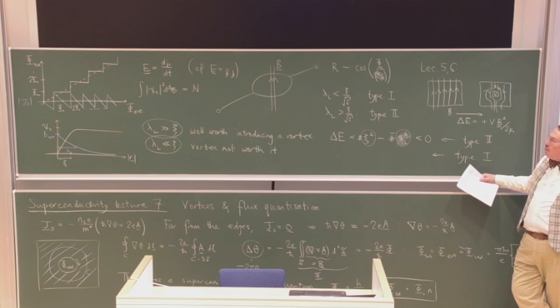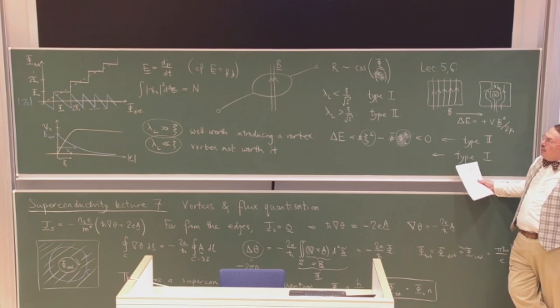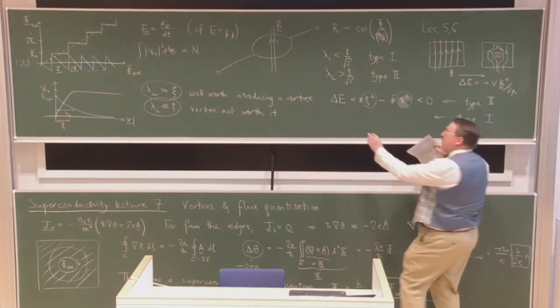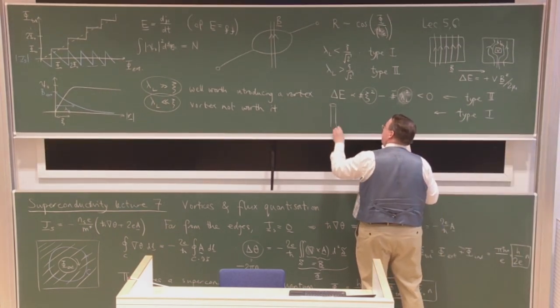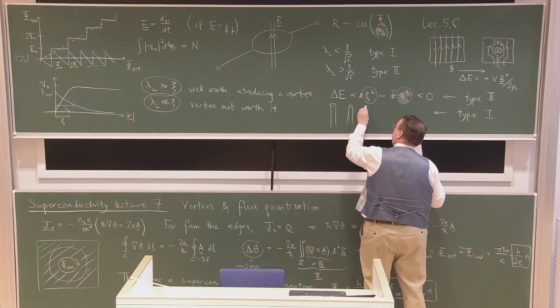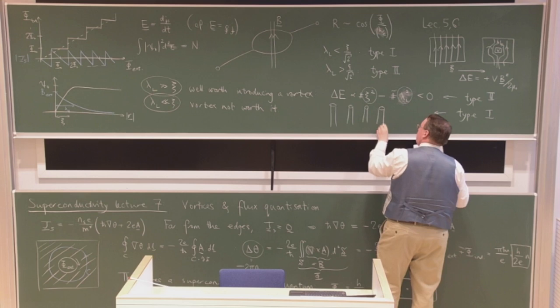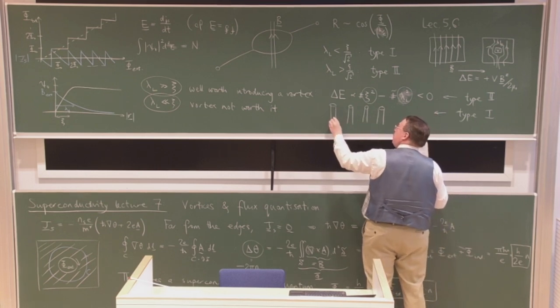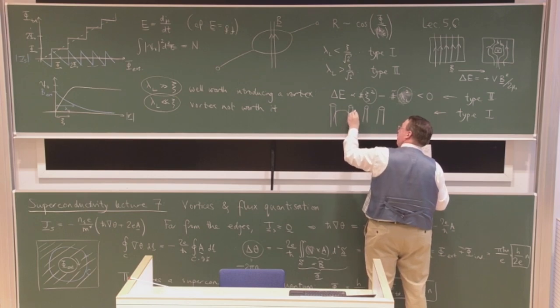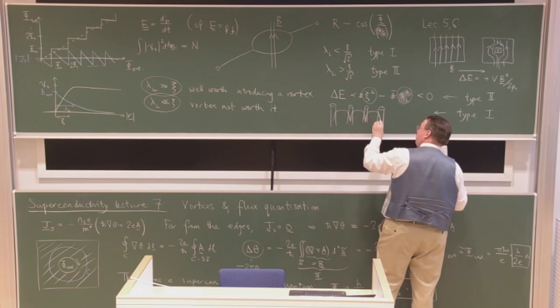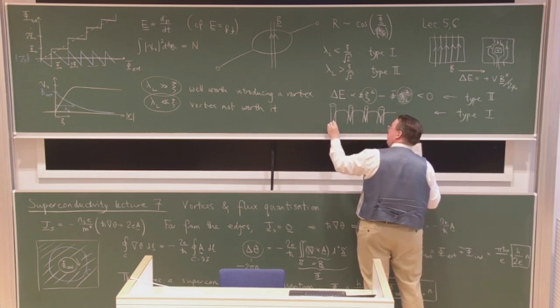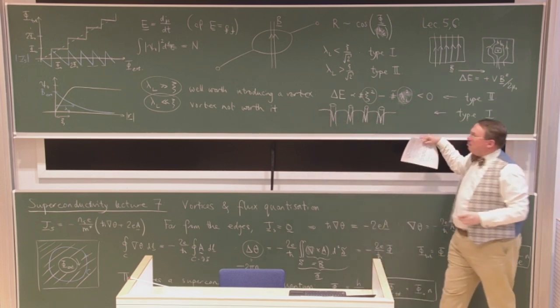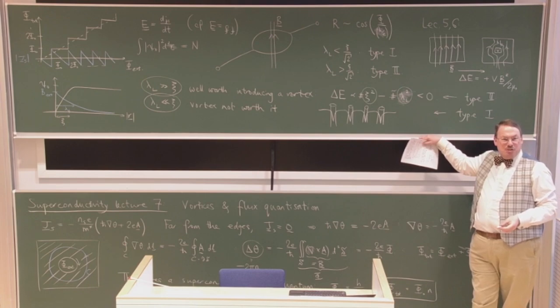Yeah, that's right. So in the strongly type 2 case, if I have a set of vortices like this, the superconducting order parameter looks like this. So from that point of view, most of the sample is superconducting.